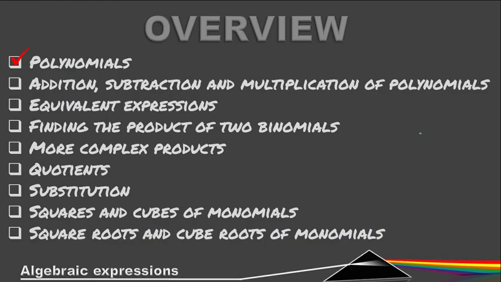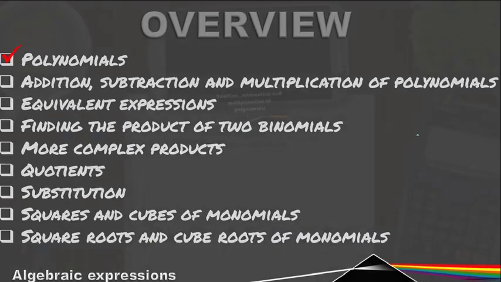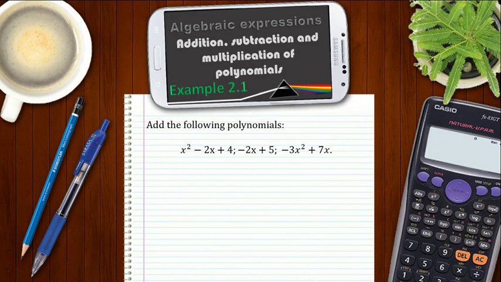Let's look at the addition, subtraction, and multiplication. So this example says add the following polynomials. Now, there's two ways to do it. The one way is to simply add them, like put them in brackets and add them. The other way is to add them in rows, like putting them underneath each other.